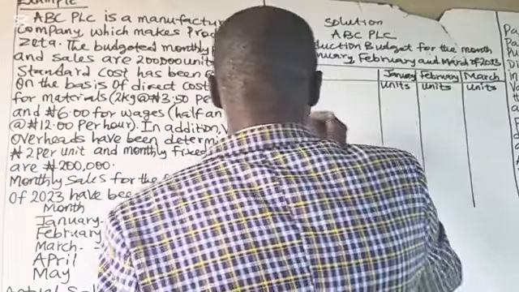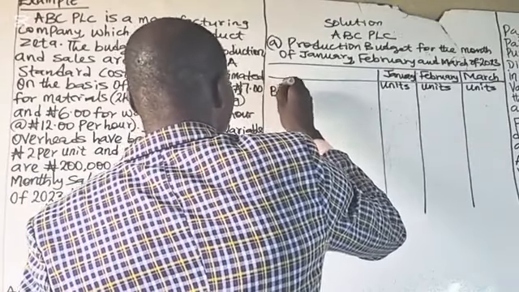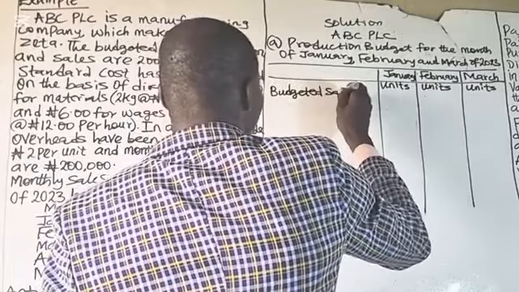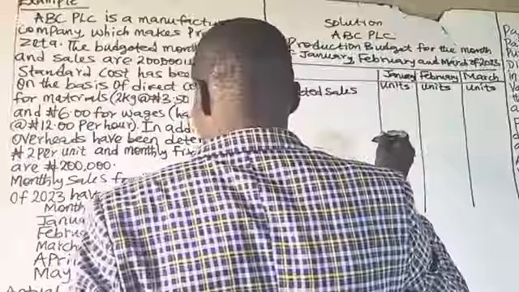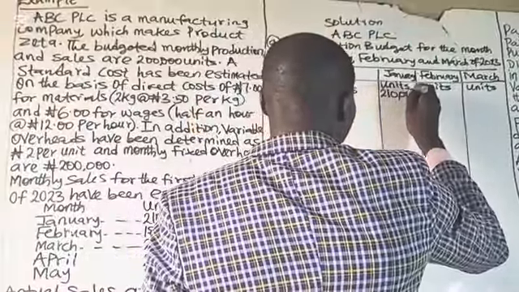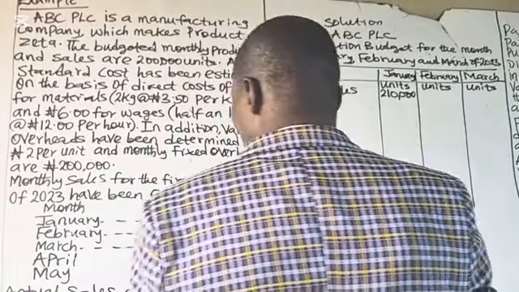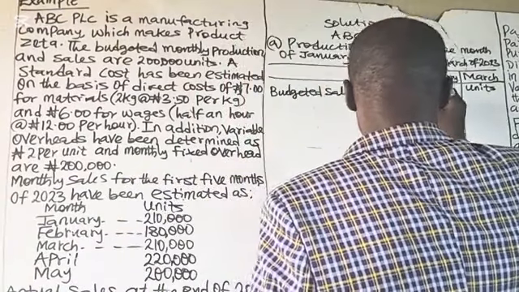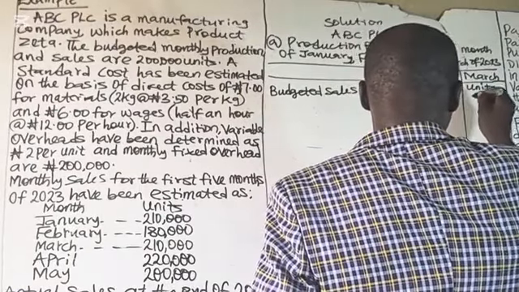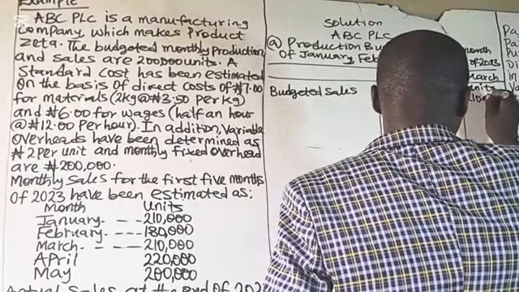So we have budgeted sales. For the month of January, the budgeted sales is 210,000 units. In February, the budgeted sales is 180,000 units. And in March, we have 210,000 units.